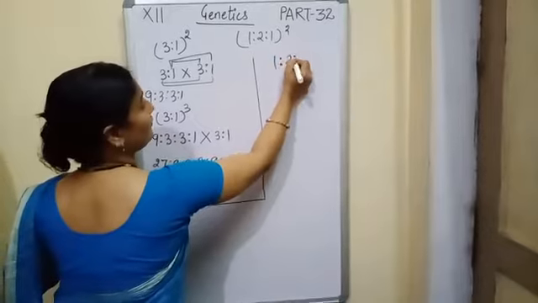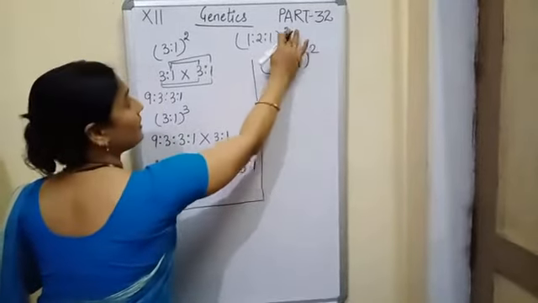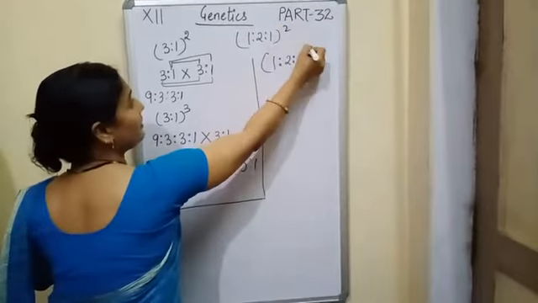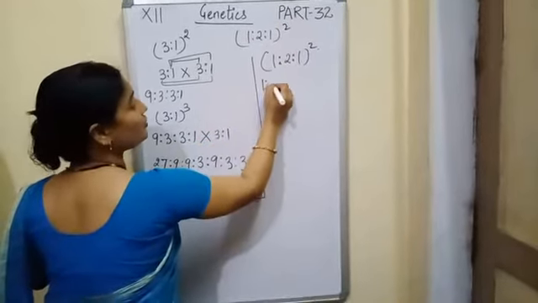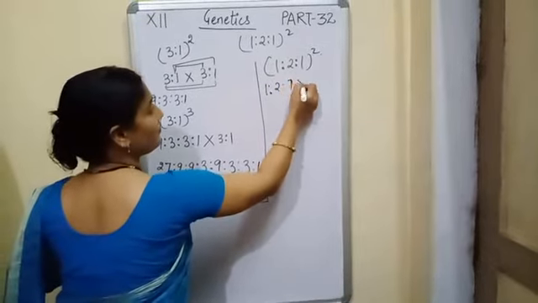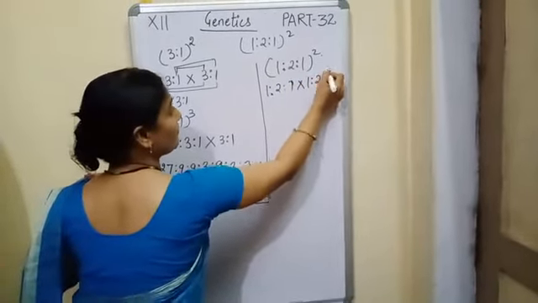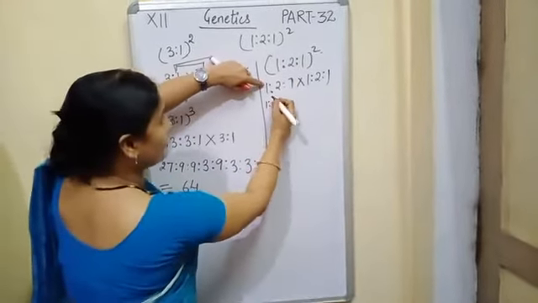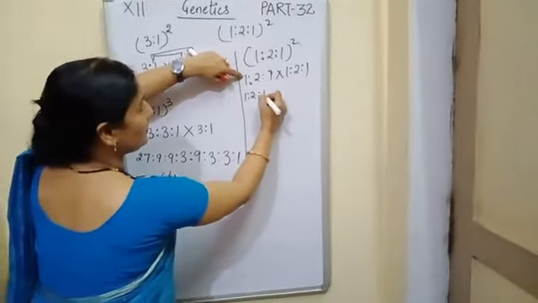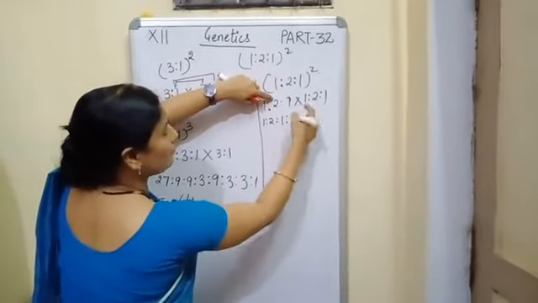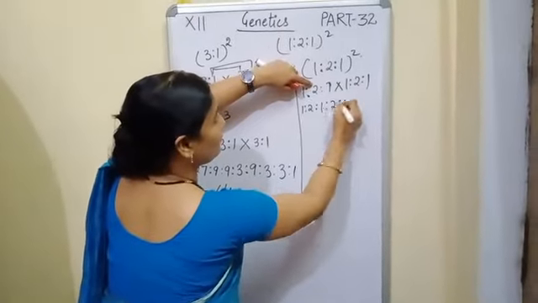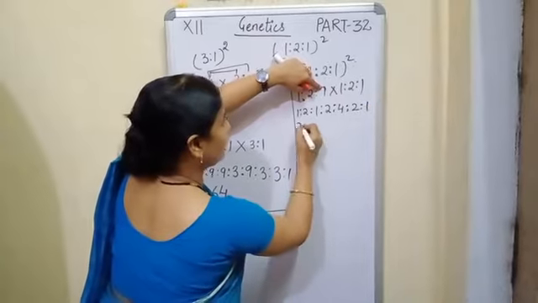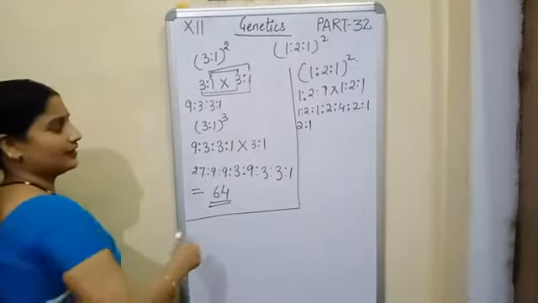This is for monohybrid. Okay. Now if I want to find out for dihybrid, what I will do? I'll cross it 2 times. Clear? See with 1. 1, this one, okay? Then 2, then 1. Now come to this. 2 1s are 2, 2 2s are 4, again 2 1s are 2 with this one. 1, 2 and 1. Understood?